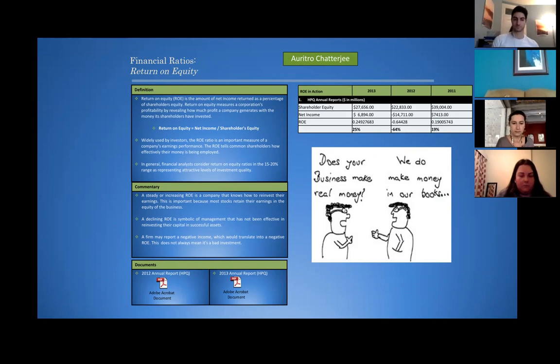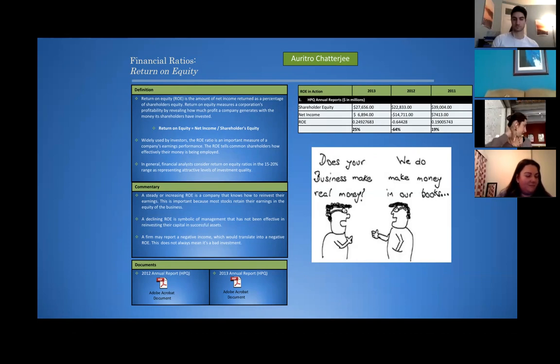And this is important because a lot of technology sector companies retain their earnings in the equity of the business. A declining ROE is, of course, symbolic that the management has not been effective in reinvesting its own capital in successful assets.